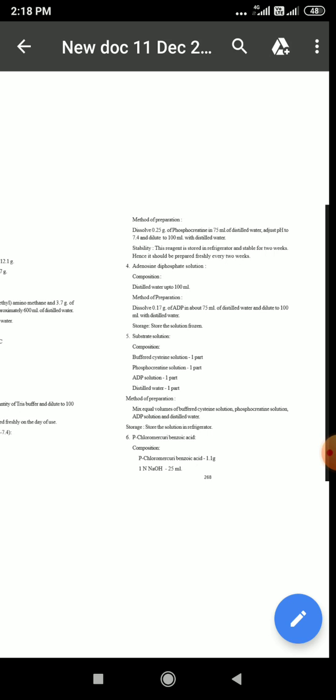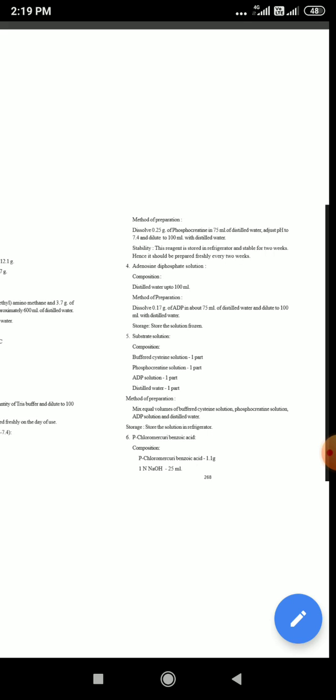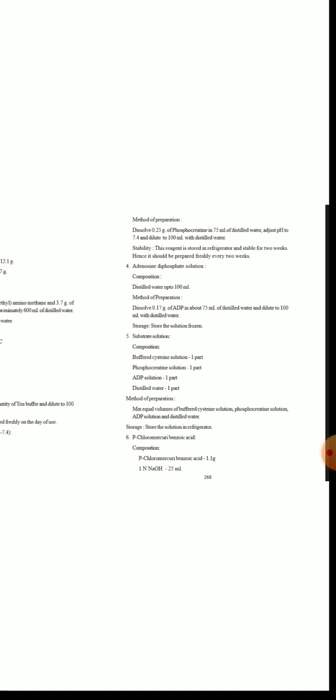Next we have substrate solution. For the substrate solution: buffered cysteine solution 1 part, phospho-creatine solution 1 part, ADP solution 1 part, distilled water 1 part. Now we will mix equal volumes of buffered cysteine solution, phospho-creatine solution, ADP solution and distilled water. Store the solution in the refrigerator.